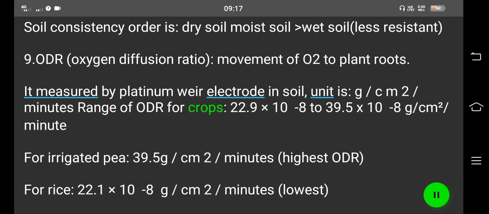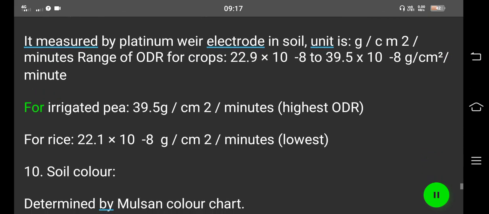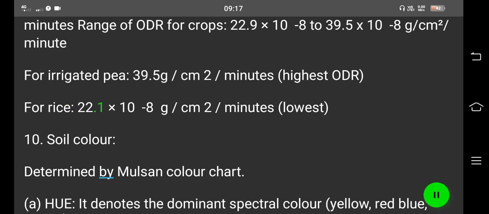Range of ODR for crops, 22.9 x 10^-8 to 39.5 x 10^-8 g per cm2 per minute. For irrigated crops, 39.5 x 10^-8 g per cm2 per minute, highest ODR. For rice, 22.1 x 10^-8 g per cm2 per minute, lowest.